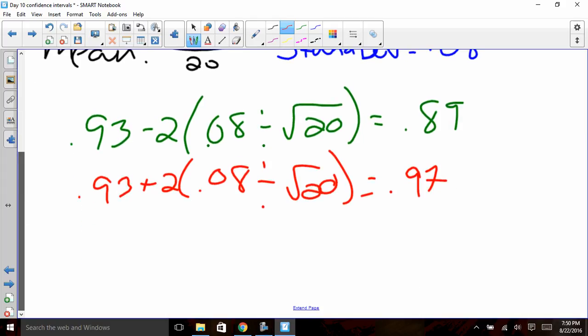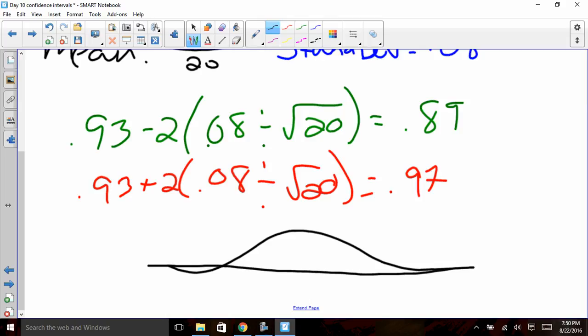So the rough 95% confidence interval of these 20 men is roughly between, excuse me, 0.89 steps per second and 0.97 steps per second.